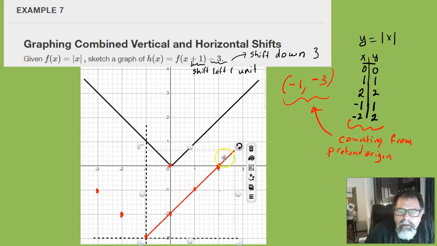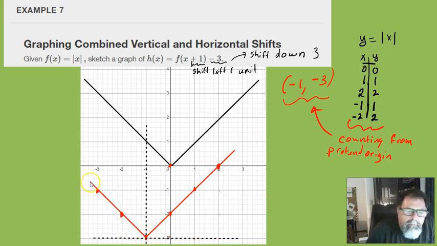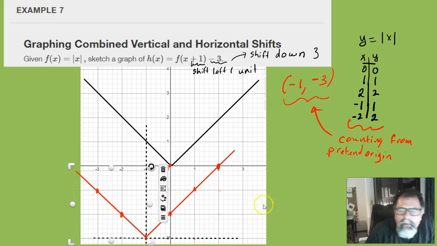So that is my transformed graph from the original graph, and I shifted it left 1 unit and down 3 units.